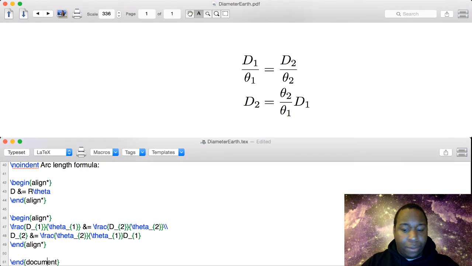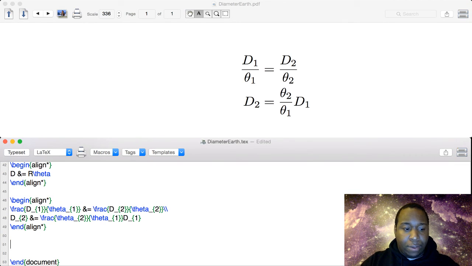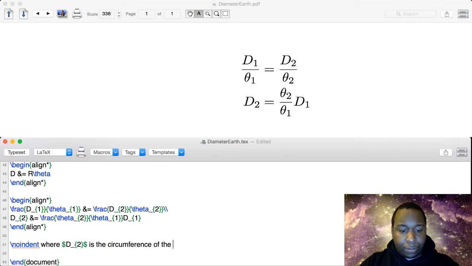And I'll put a note where d2 is the circumference of the Earth. I'm quickly making sure that for our notes we know exactly what these variables represent.